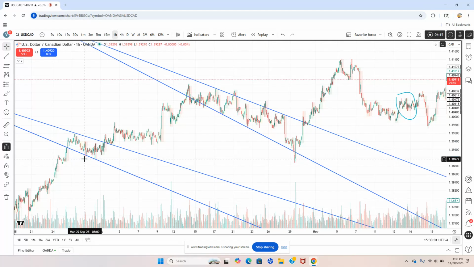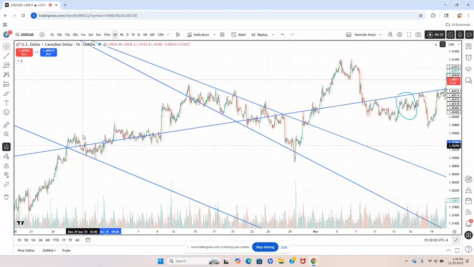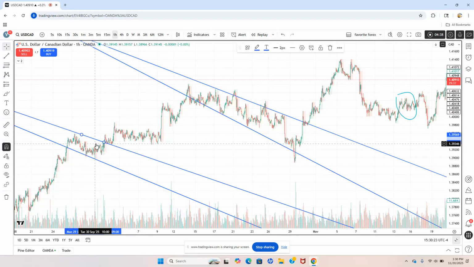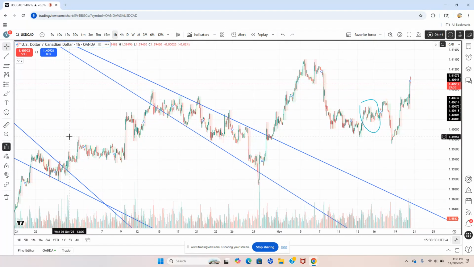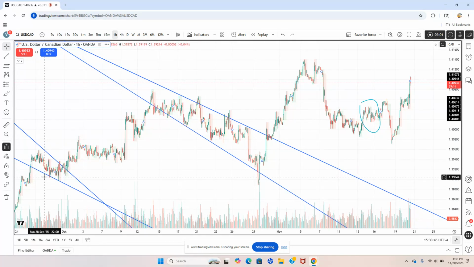Right here, that's a channel. It went down, and then it came back up. Well, I guess it's not a channel if you can't put it right, but if you look at it and connect these two points, and then connect this point with this point, you could see that it's kind of like a channel.